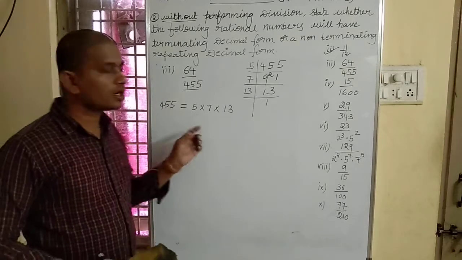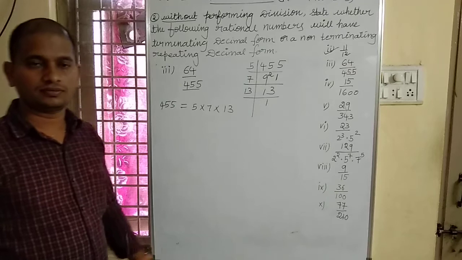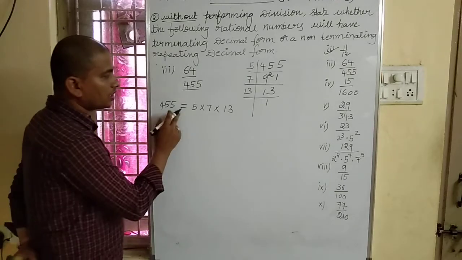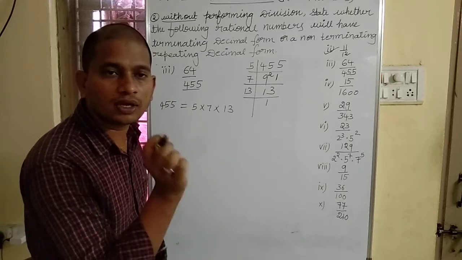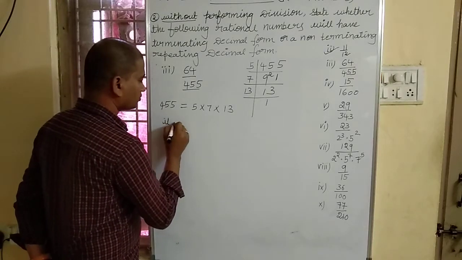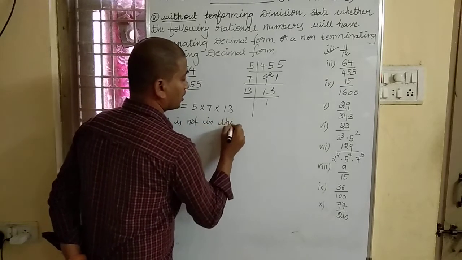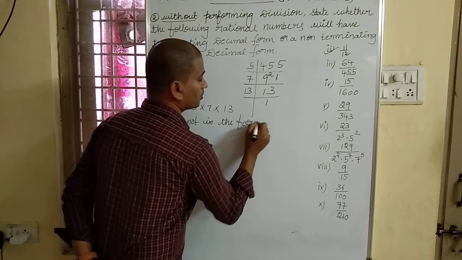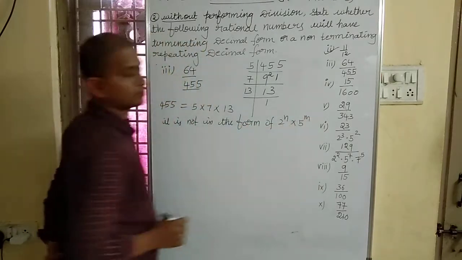See, other than 2 and 5, we got other factors 7 and 13. Here the denominator 455 is not in the form of 2 power n into 5 power m.